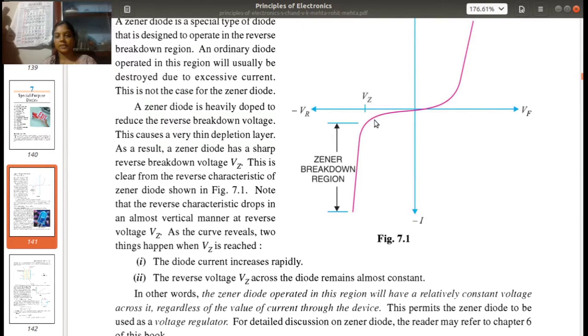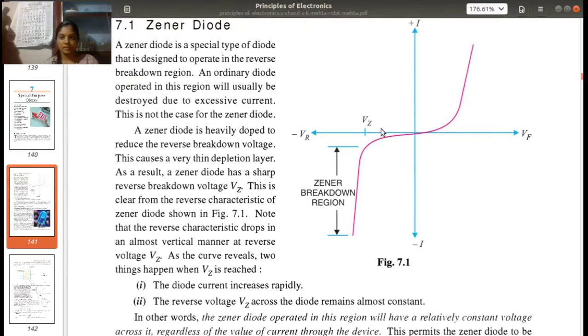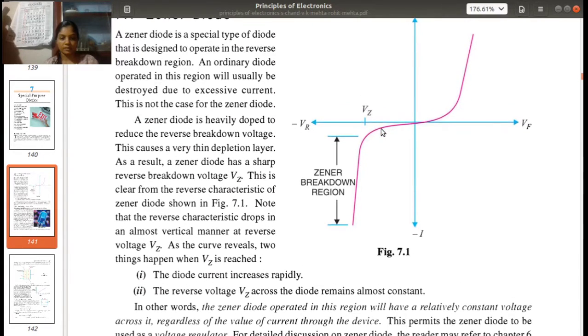Until the breakdown voltage, the current is nearly zero, and at breakdown it increases sharply. The voltage across the diode remains constant irrespective of the current. So these are the characteristics of a Zener diode.